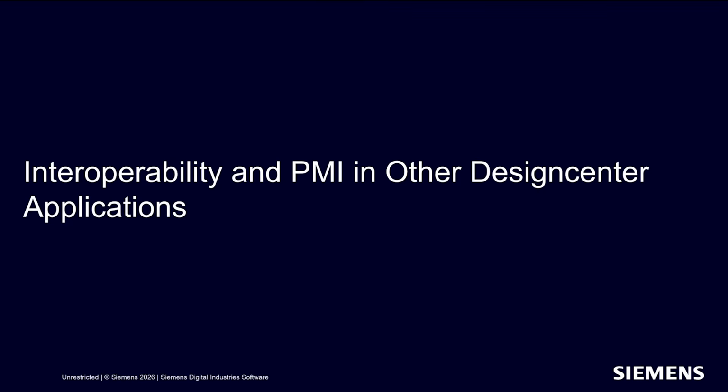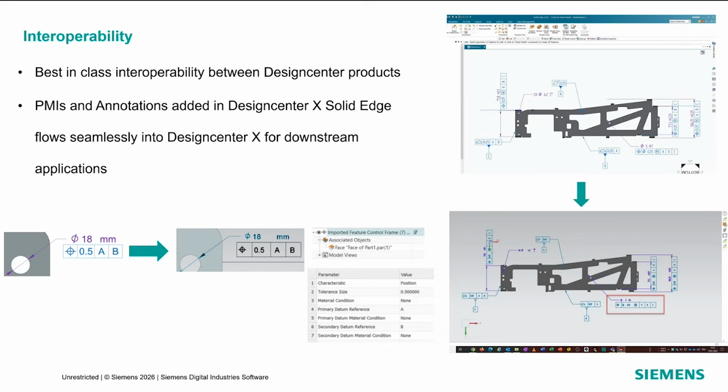So just one final section for me. Maybe you add your PMIs inside Designcenter Solid Edge, but you want to take it to downstream applications inside Designcenter to do some more operations with those PMIs.